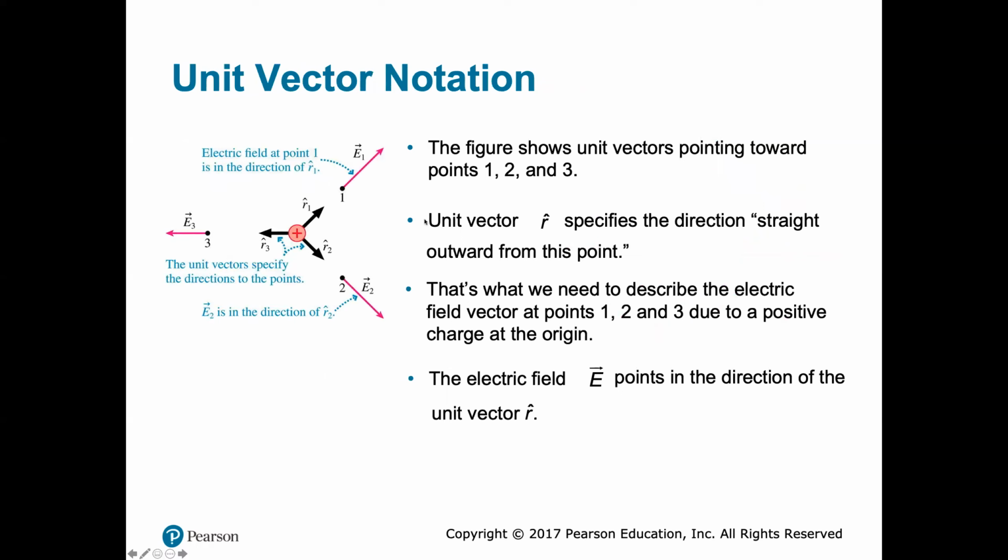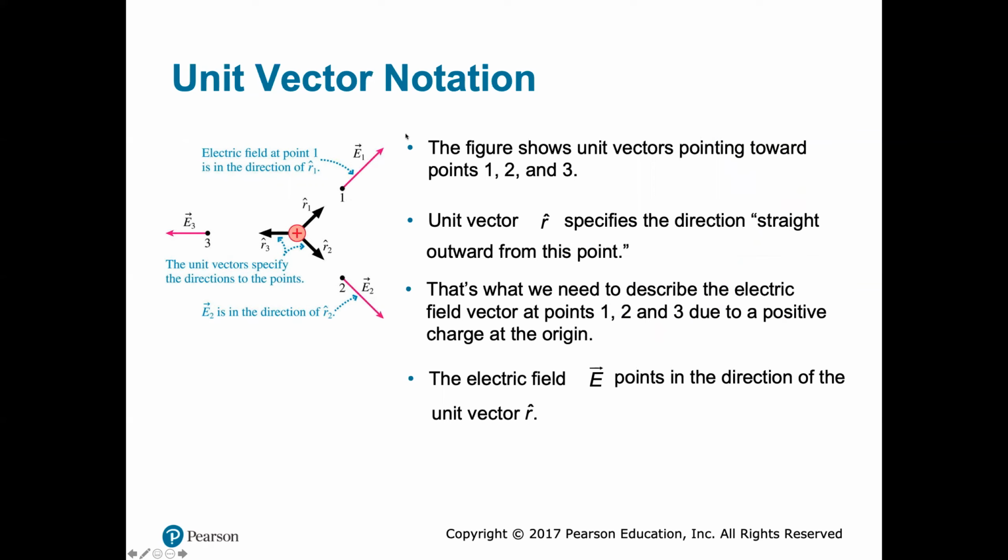Now, another concept, which is unit vector notation. For example, if we have a positive charge here, and then we have some probes at positions 1, 2, 3, the magnitude and directions of the electric field could be denoted by 3 arrows.